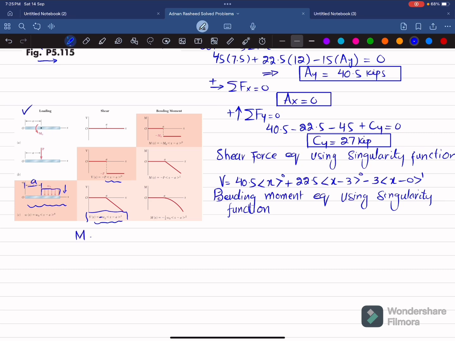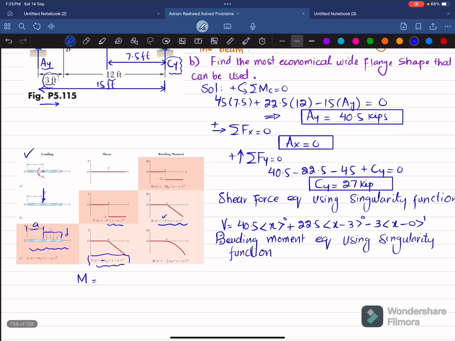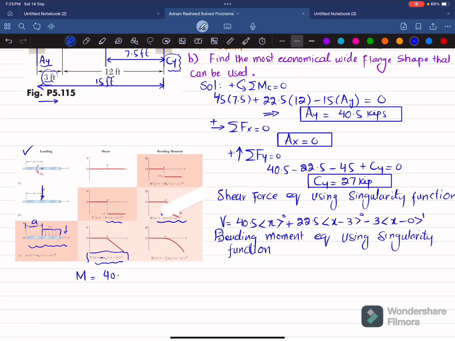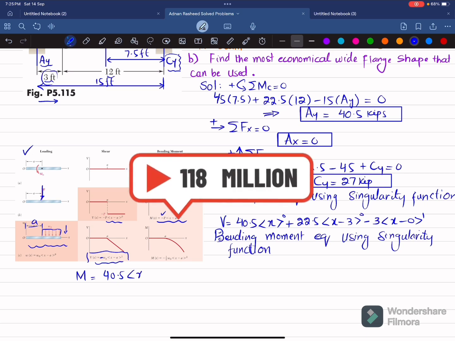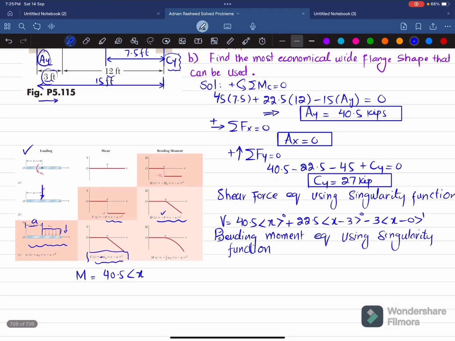So this bending moment equation will be equal to, now starting again from the left side, you have AY load. So the moment equation is this one. For this load is downward, this is negative. So I will write positive. So AY is 40.5 into x minus a. So for this AY load, a is equal to 0 because it is starting from the start.